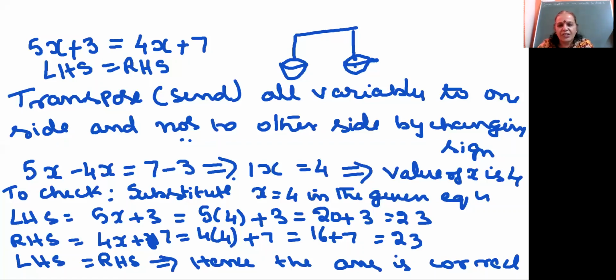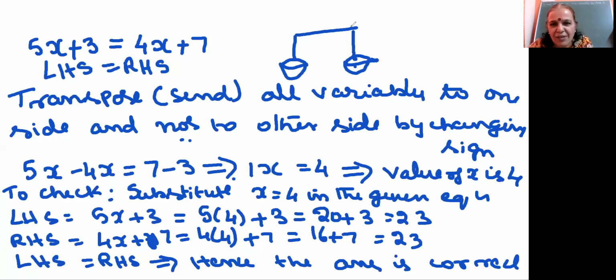Now to check, substitute x equal to 4 in the given equation. In the left hand side, it is 5x plus 3, 5 4s are 20, plus 3, it is 23. In the right hand side, it is 4 4s are 16, plus 7, 16 plus 7 is equal to 23. LHS is equal to RHS, hence the answer is correct.